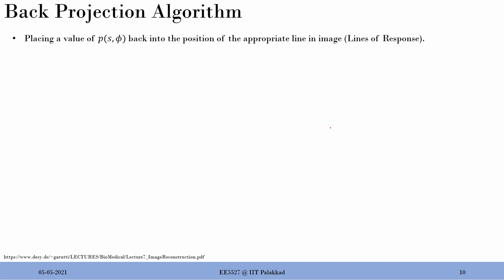Okay, so exactly what it means is we have only P of s, phi, where s is the detector dimension and phi is the angle of observation, right? Now project that back to an appropriate line, because we know p of s, phi, just remember that expression. This is the natural logarithm of I_d by I_0, and this is nothing but the line integral of the attenuation image f(x, y) ds along the line at angle phi.